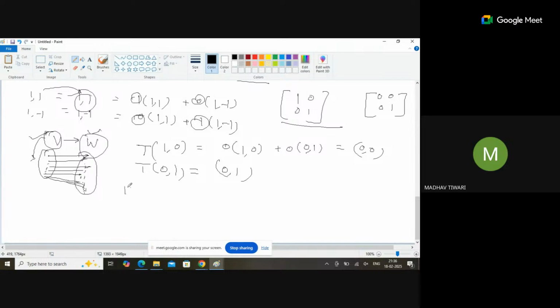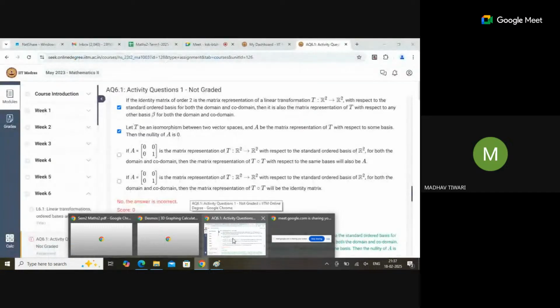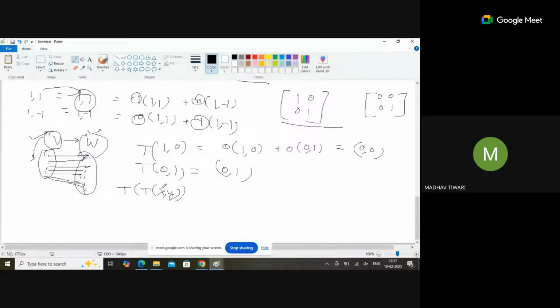So if I transform the transformation of any value x comma y, the matrix representation of this will also be A. If I transform 0 comma 0, it is 0 times 1 comma 0 plus 0 times 0 comma 1, so after the transformation it will also be 0 comma 0.